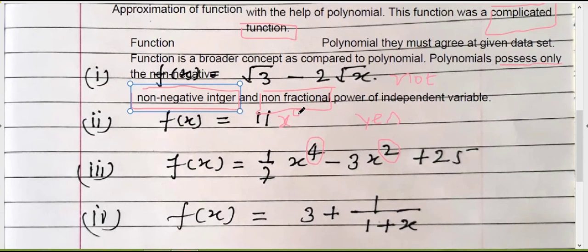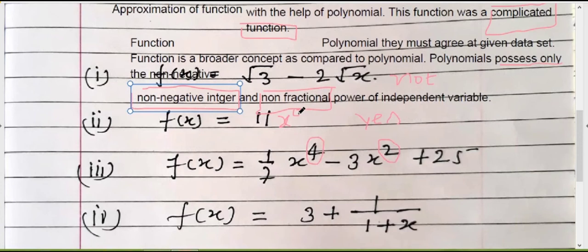So the only restriction is that this is a particular function. A polynomial is a particular kind of function which follows restricted conditions.